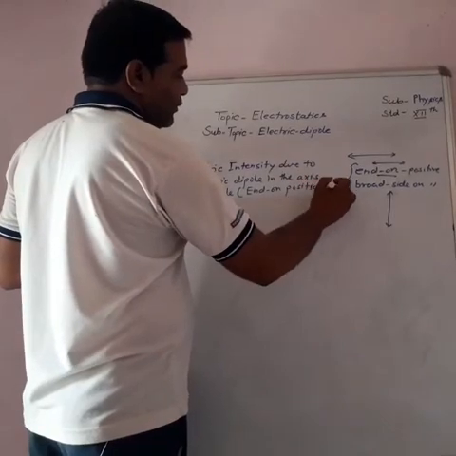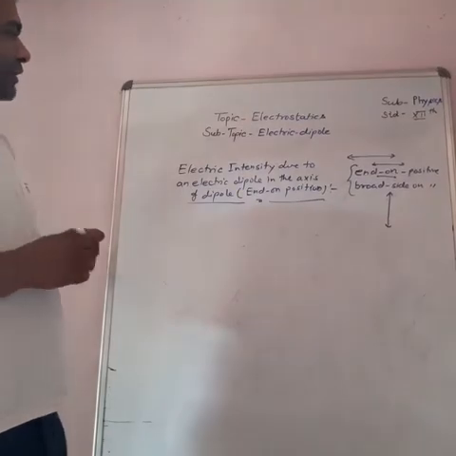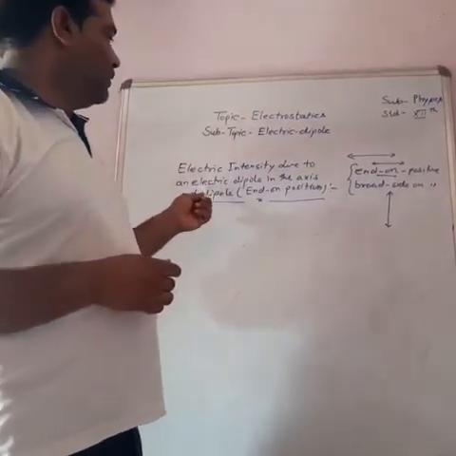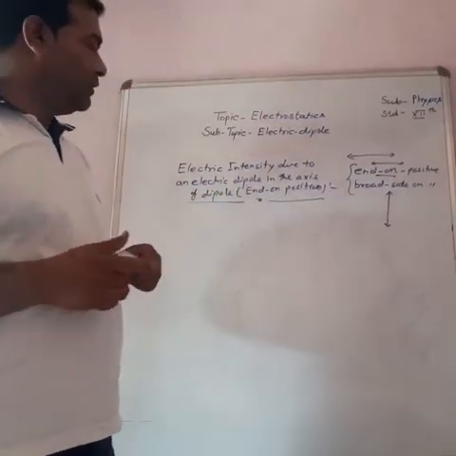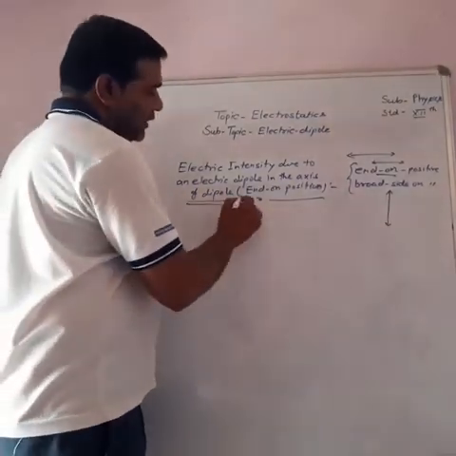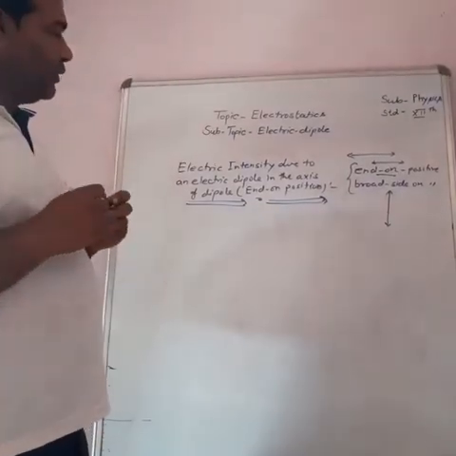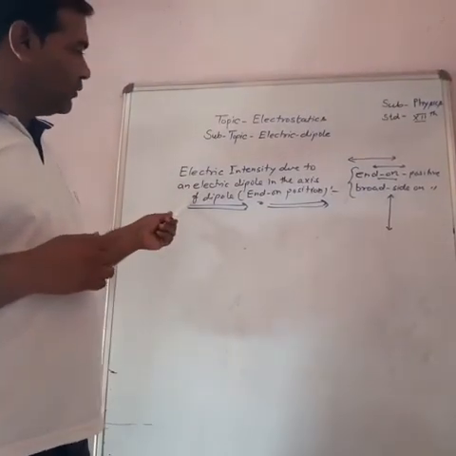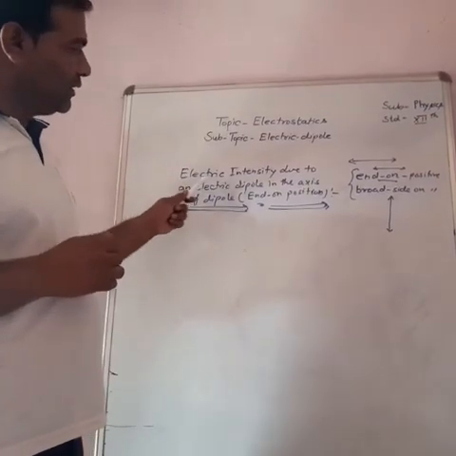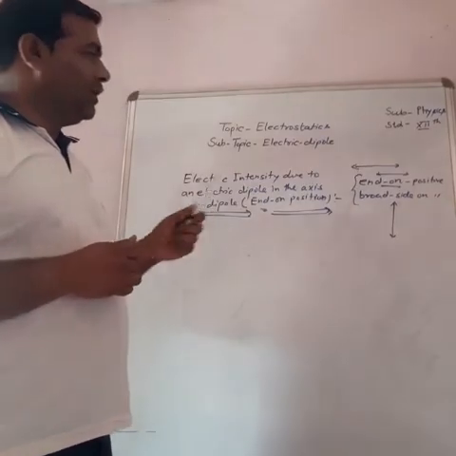We have to derive an expression for electric intensity due to an electric dipole in the axis of the dipole, and this derivation comes in the UP board as a long type question. Derive the electric intensity formula for an electric dipole in the end-on position.